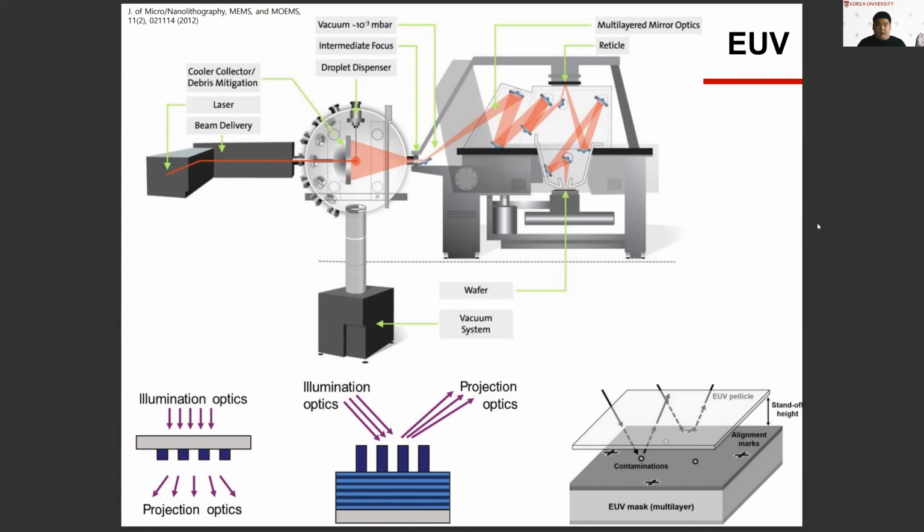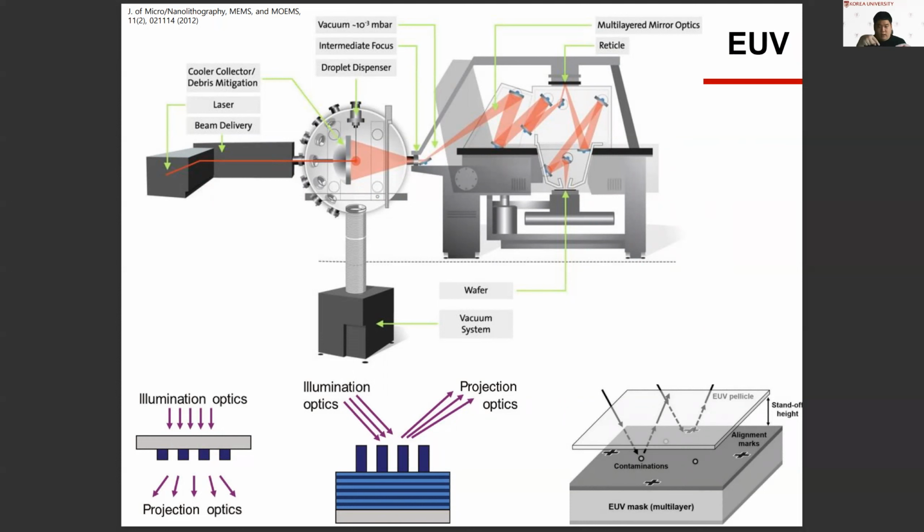For the most modern fabrication processes, extreme ultraviolet fabrication is normally used. To make the extreme ultraviolet light, we put thin droplets into the device and strike the droplet with the laser.